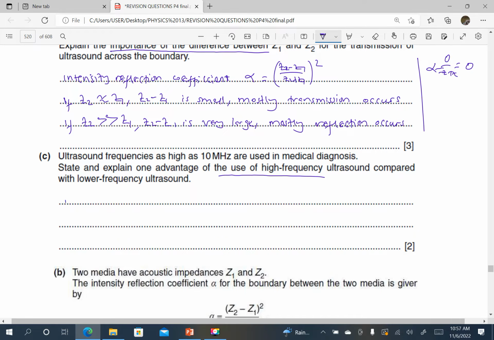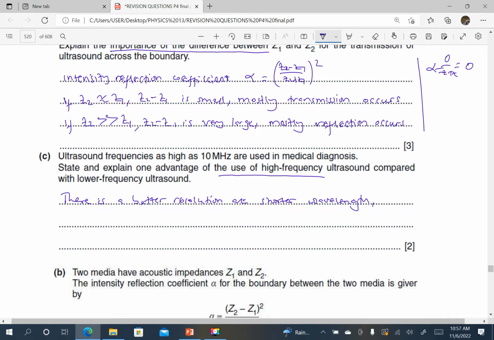So there is a better resolution at shorter wavelength. Because high frequency means a shorter wavelength, there's a better resolution at shorter wavelength.